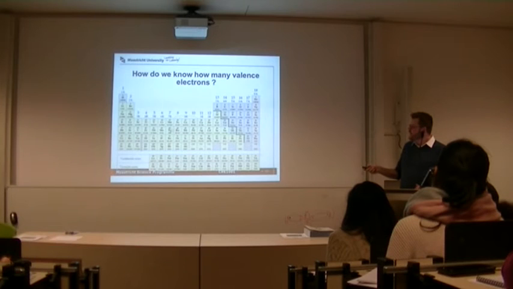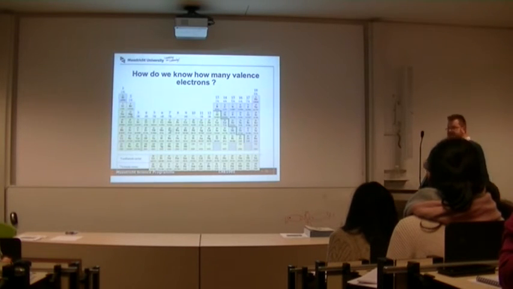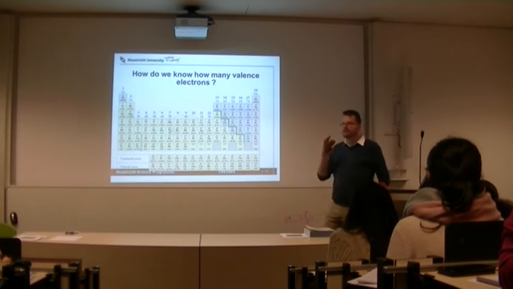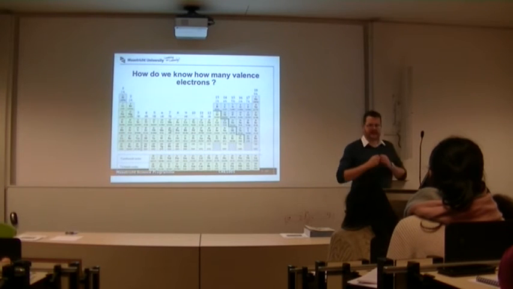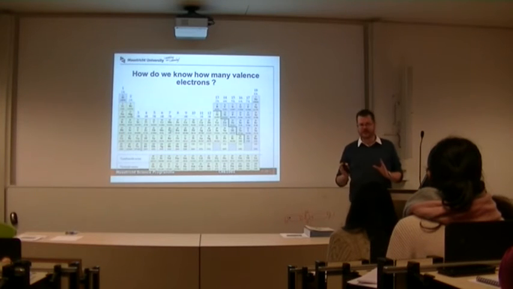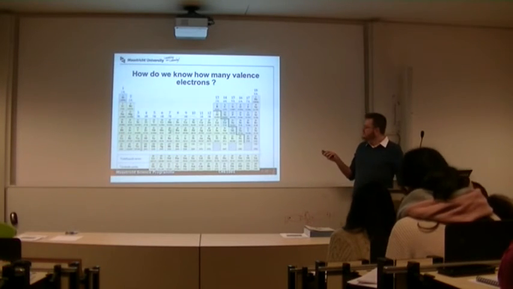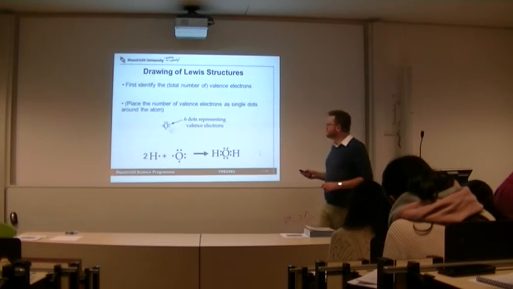If I'm dealing with p block elements in period 3 and higher, so aluminium, silicon, phosphorus, sulfur, chlorine, and so on, these elements, if you look at the electron configuration, have d orbitals available to participate in bonding. And these d orbitals therefore enable an expansion of the octet. So we can have, in fact, more than 8 electrons around these atoms if they are the central atoms in a Lewis structure. Okay, so let's have a look at that.